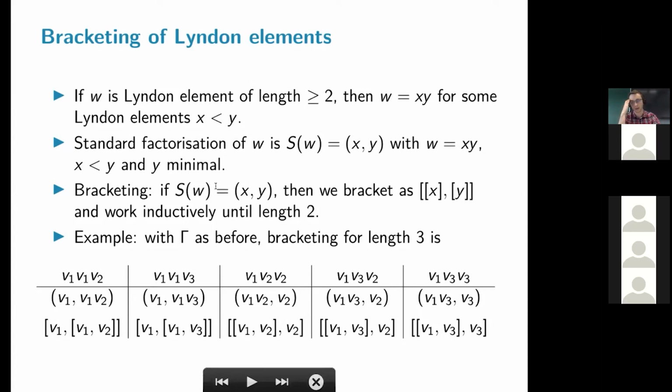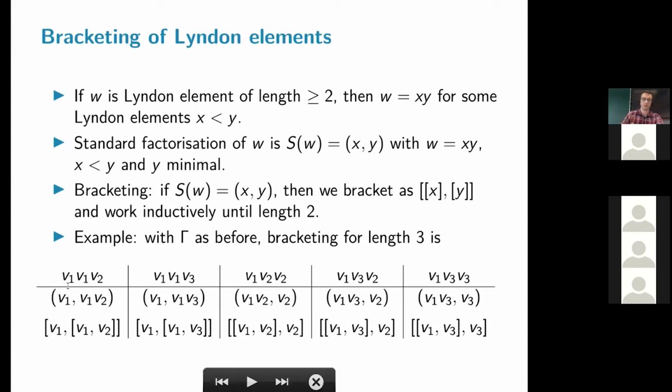And then with this standard factorization, we can inductively define a bracketing procedure. So the bracketing of w, if its standard decomposition is xy, is defined as the bracketing of x, comma, bracketing of y, and this put between new brackets. Then x and y are strictly shorter in length, so we can inductively work our way through the elements.